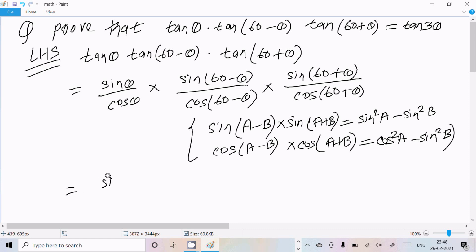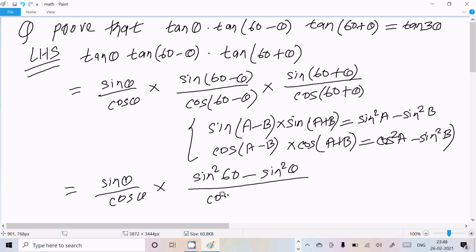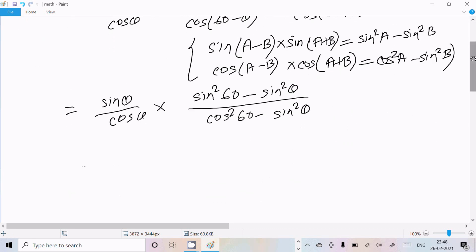So here first going to write sin theta divided by cos theta, and here sin square 60 minus sin square theta divided by cos square 60 minus sin square theta. After that, we put the values.